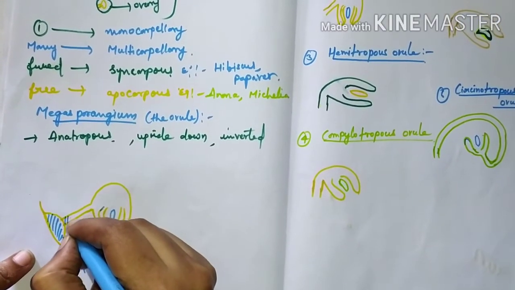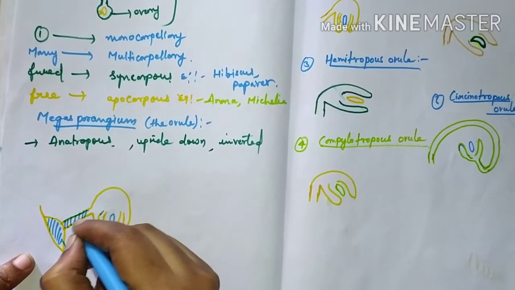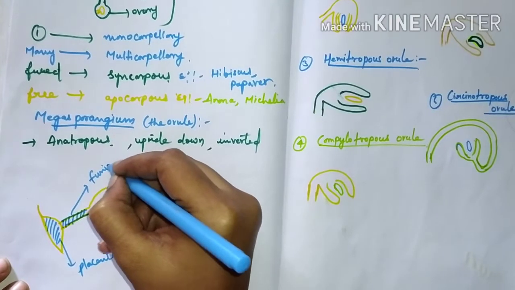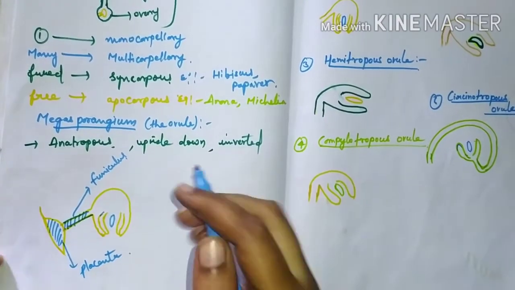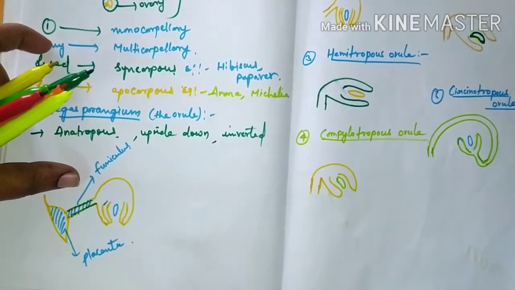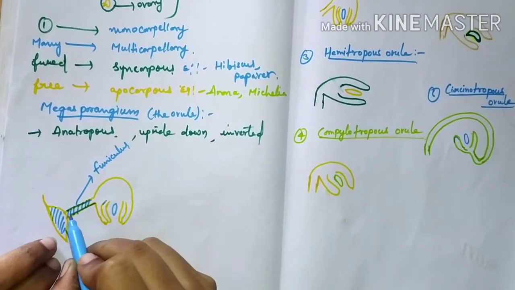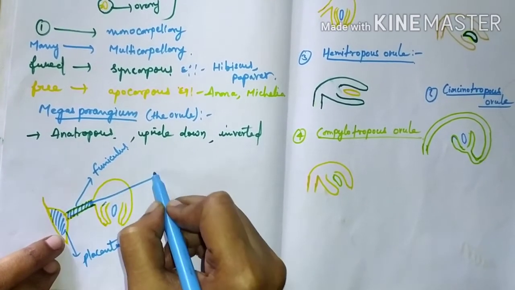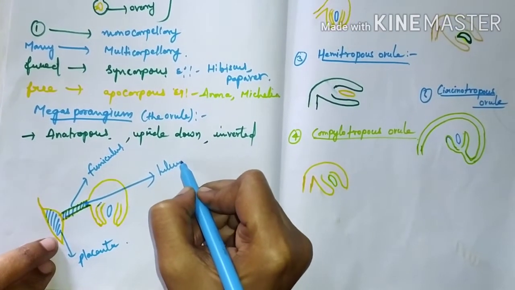The structure which you are seeing, the long stalk-like structure, is called the funiculus, to which the body of the ovule is attached. From the funiculus to the body, one region is present, which is called the hilum.